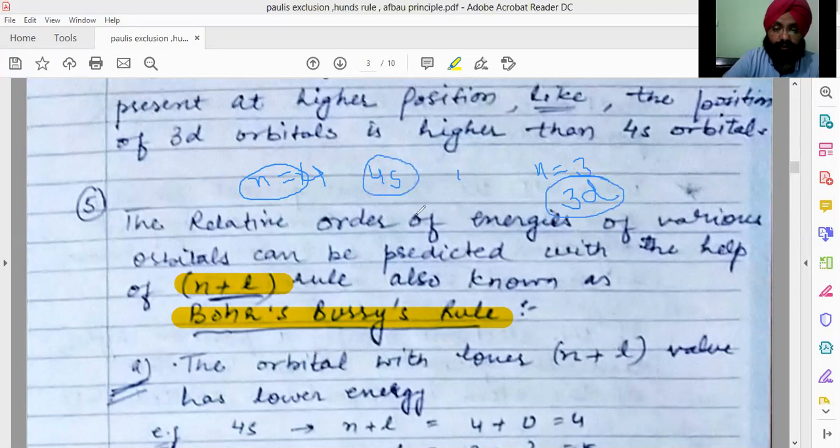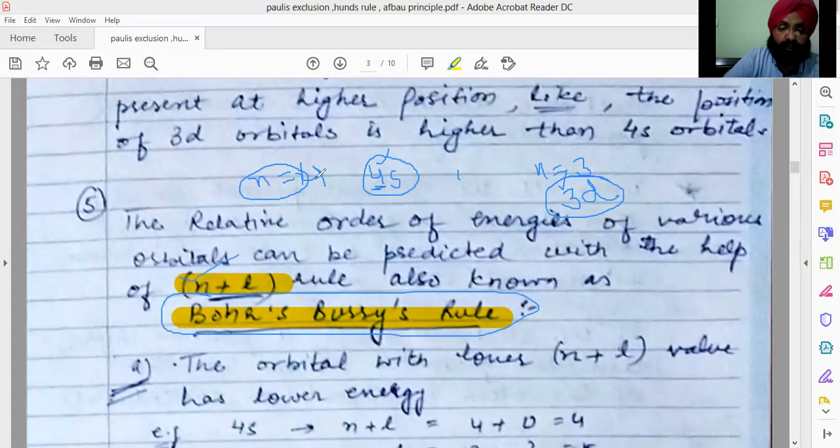Now in the case of hydrogen, we simply choose the value of n for assigning the relative energy of different subshells. But in the case of multi-electron atoms, we cannot take directly the value of n to assign the relative energy to subshells. What we'll do is apply the Bohr-Bury rule, which is the n plus L rule.